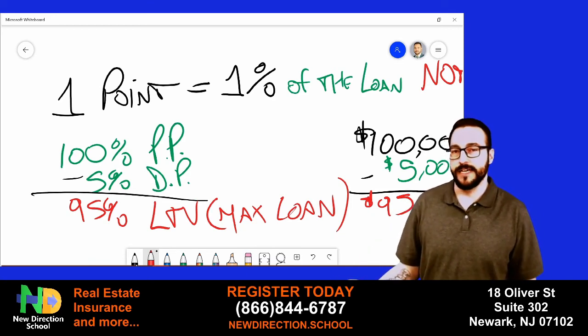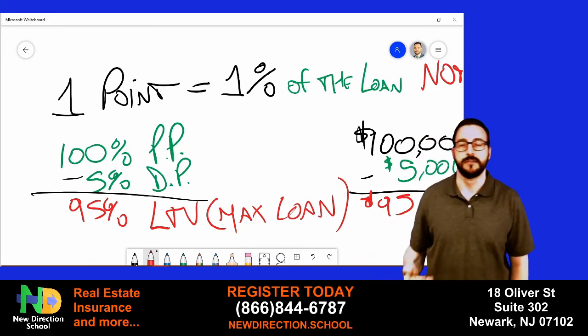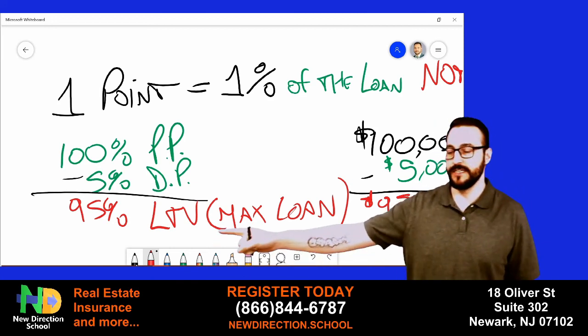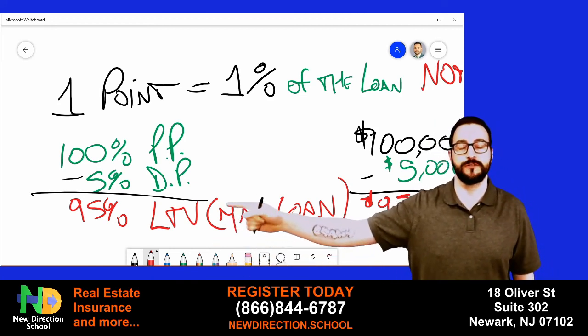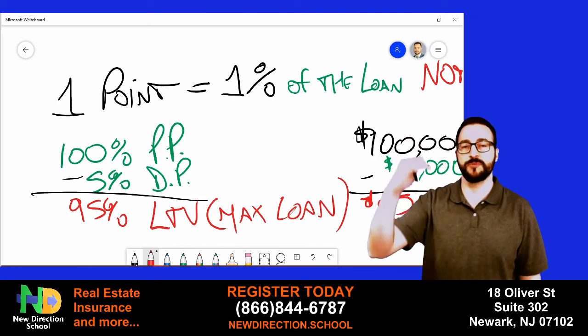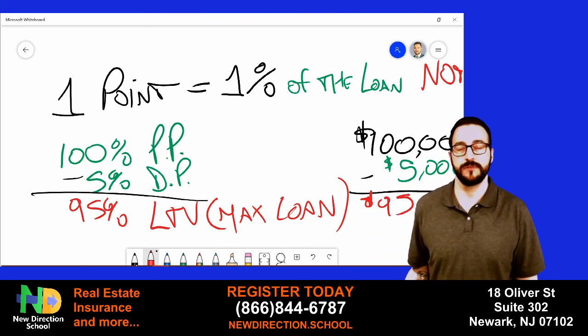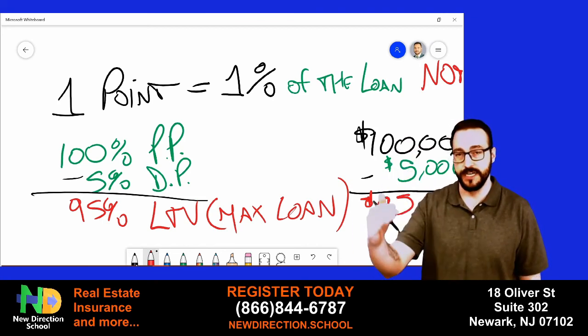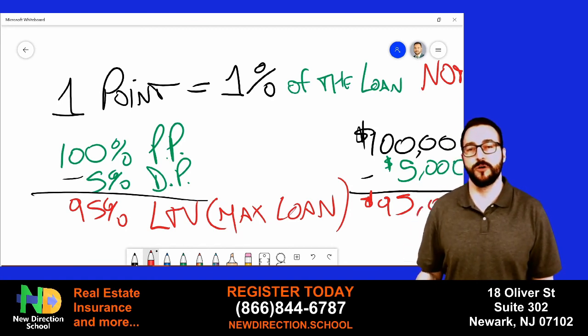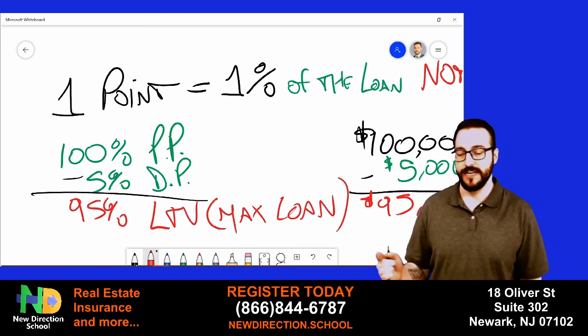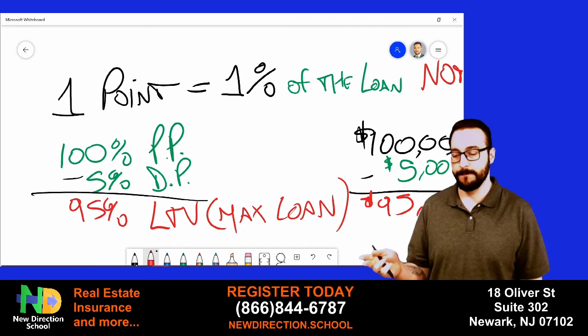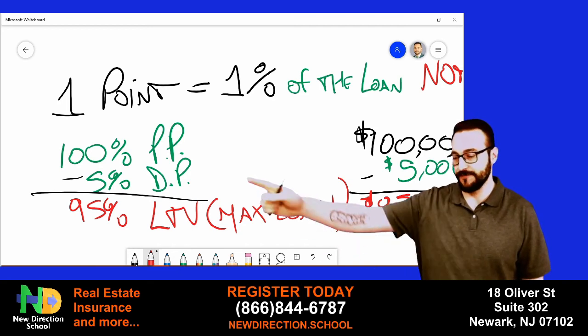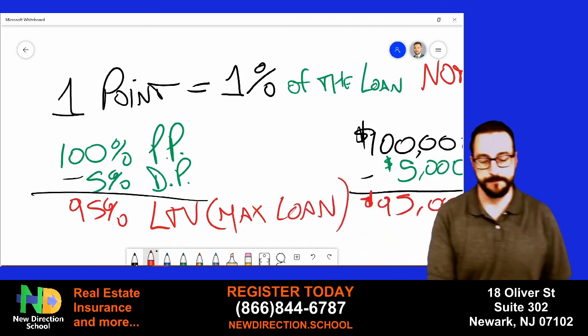So in this case, your lender is going to say, hey, the max that we'll lend to you is 95% loan to value. So if 100% is the purchase price, 95% loan to value means 95 is the maximum loan that it'll give you. And the difference is your down payment.